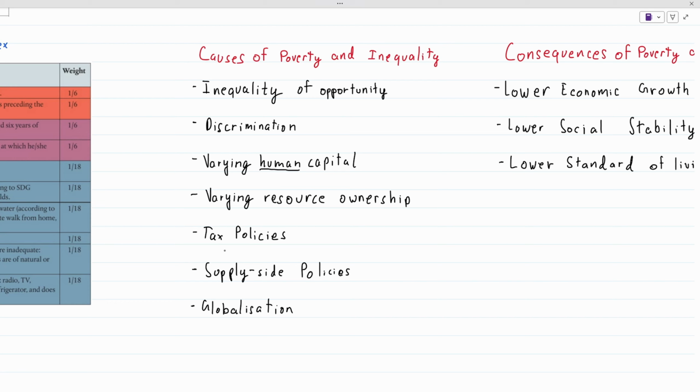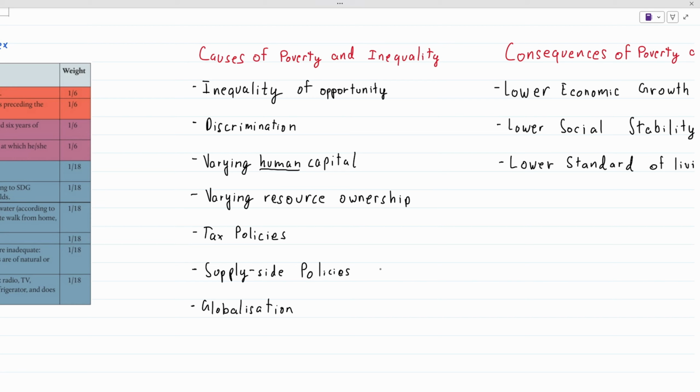So tax policies basically refer to the legislation and regulation that a government comes up with regarding its capital gains or income or goods and services taxes, etc. We'll look more deeply into taxes in the next section when we look at how we're going to correct poverty. But for now, you just need to know that certain tax policies may affect the lower classes more and the higher classes less.